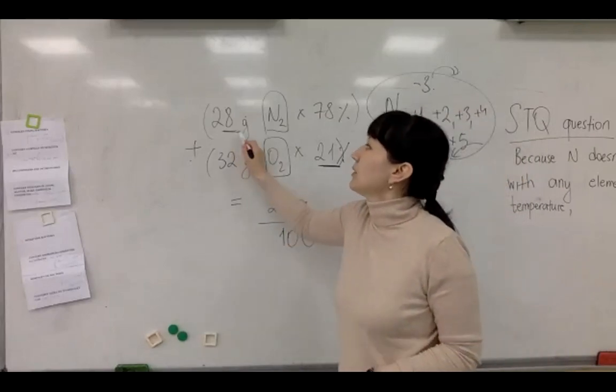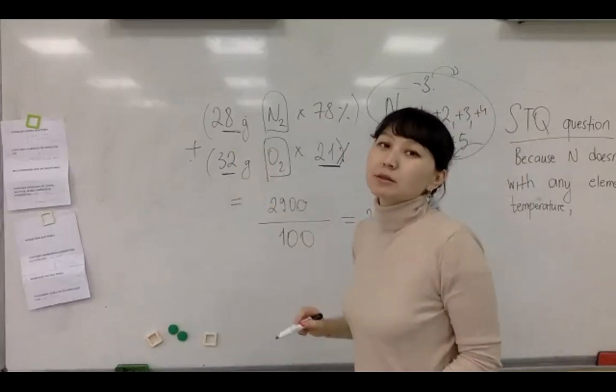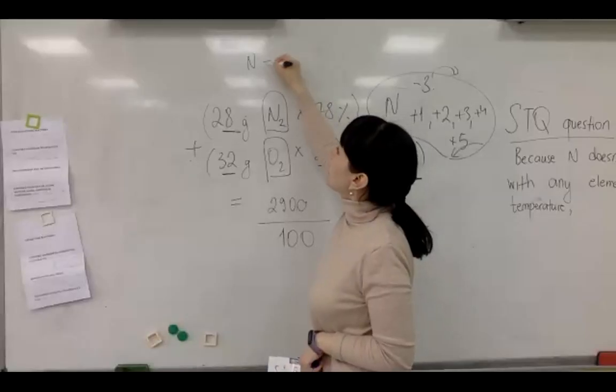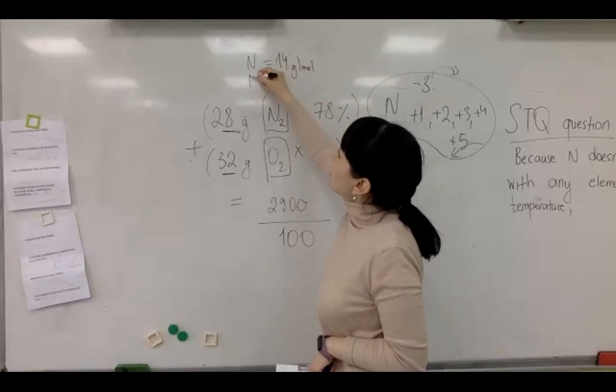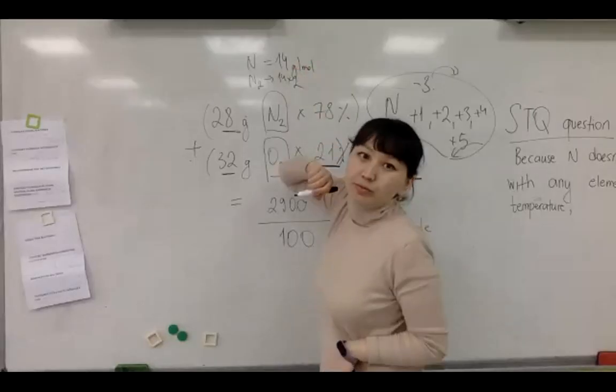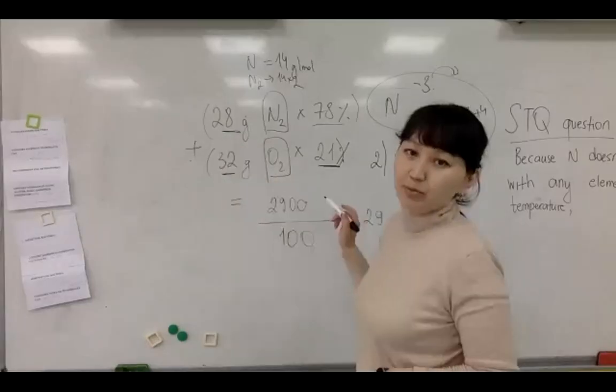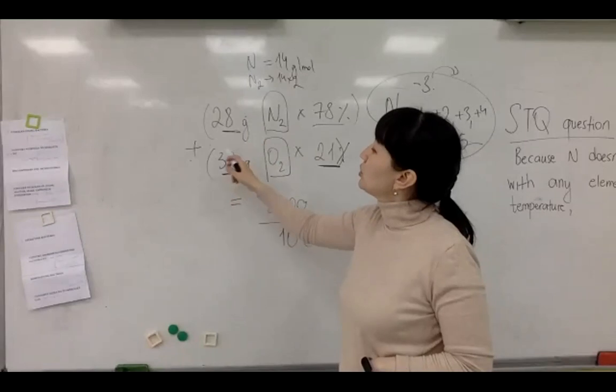Daria, how did we find? Atomic mass number. Yes. 14 gram per mole, right? It will be twice, 28. And 78% plus 32 gram.